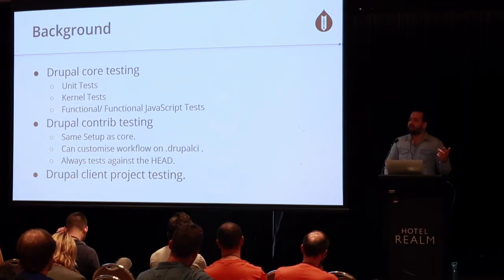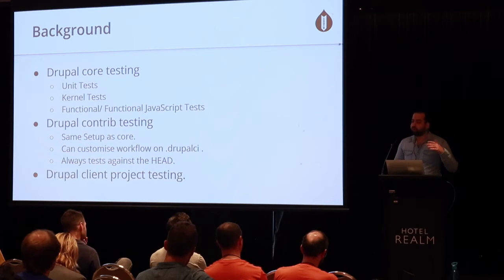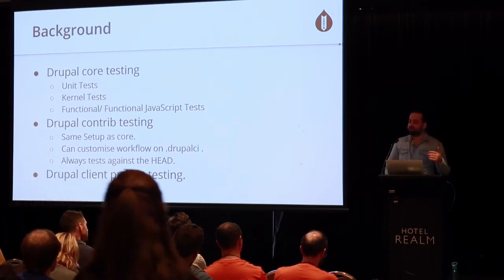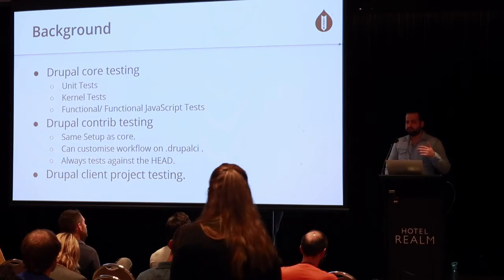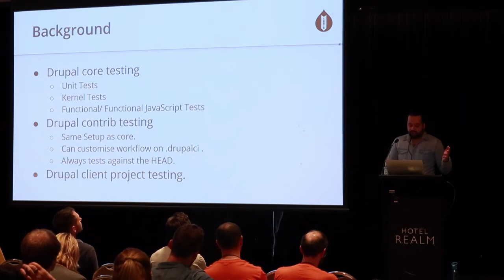The one thing I kind of love and hate about Drupal CI is that you are always testing your contrib modules against the head. Sometimes you want to support the older versions, which you can, but only the head, not a particular tag. Because as a contrib maintainer, I want to keep the older version compatible with the older version of core.